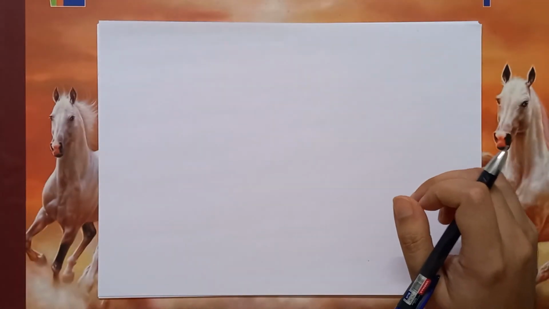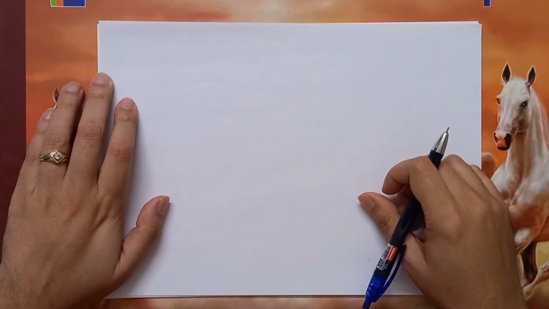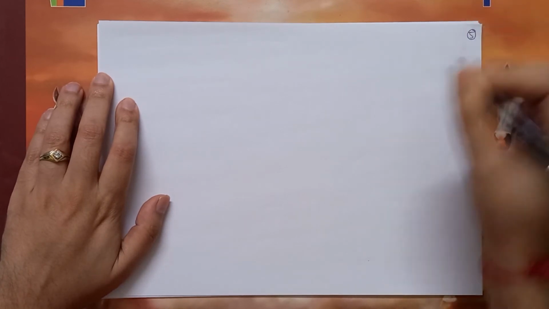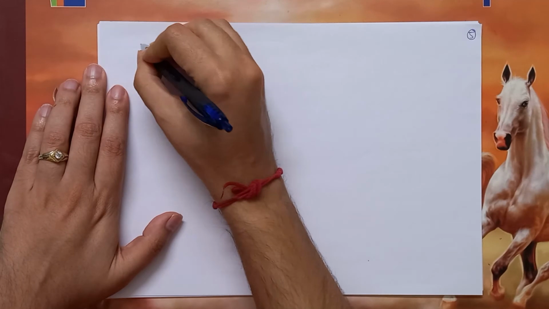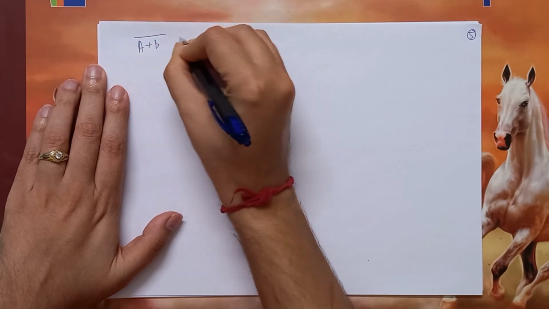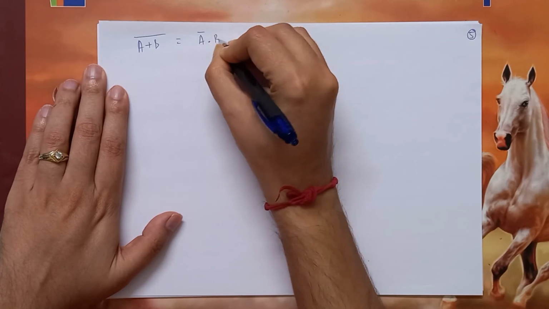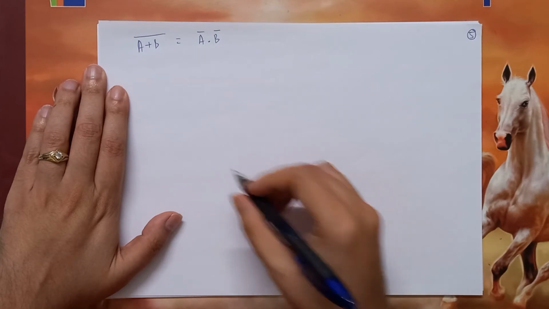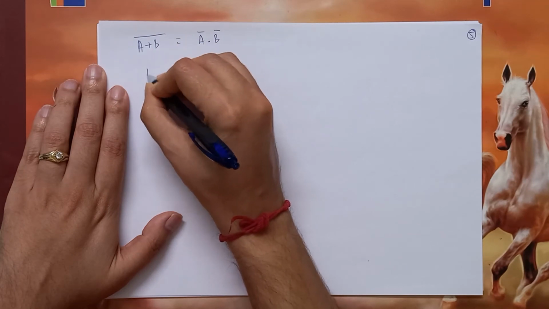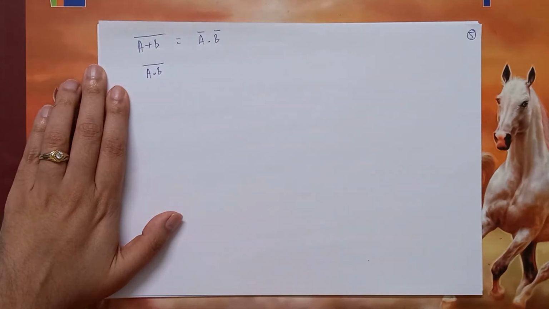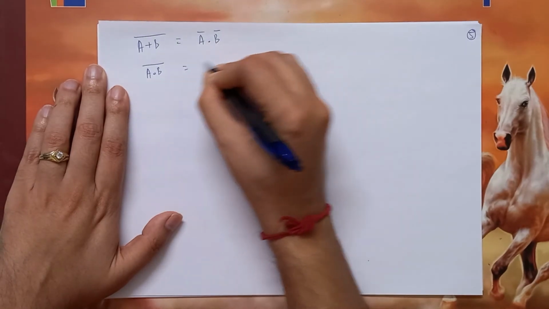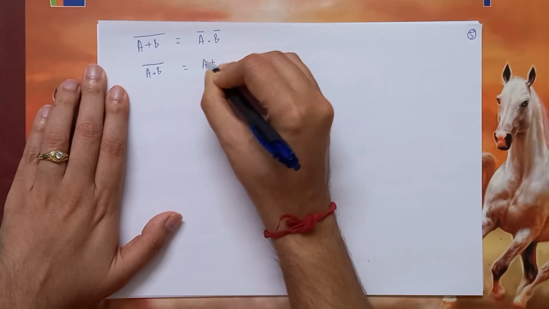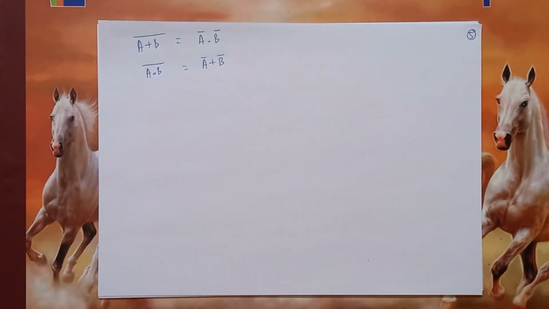Now, when we spoke of De Morgan's theorems, we stated that the complement of a plus operation is equal to the dot of individual complements and the complement of a dot operation is equal to the plus of individual complements.